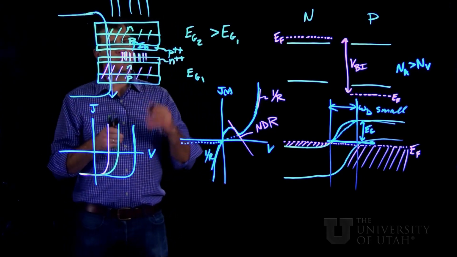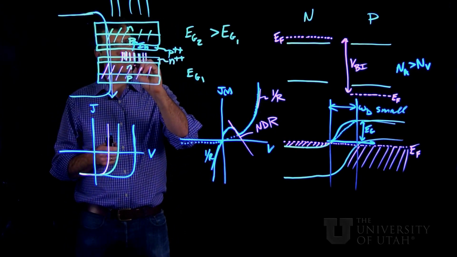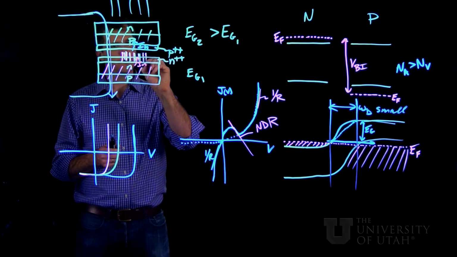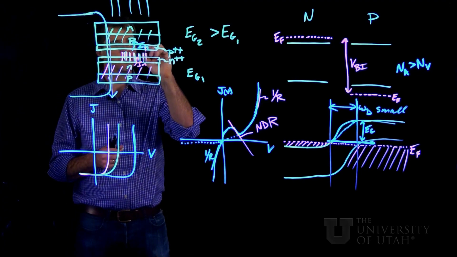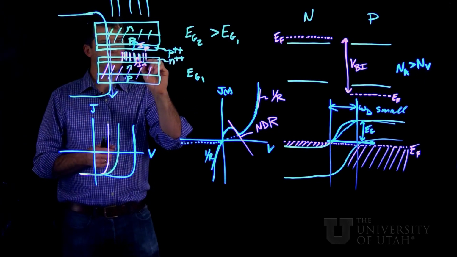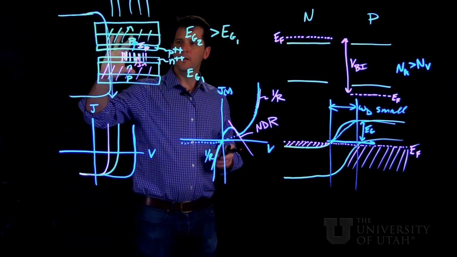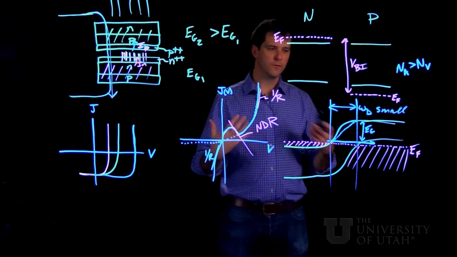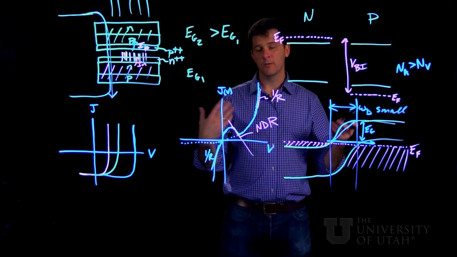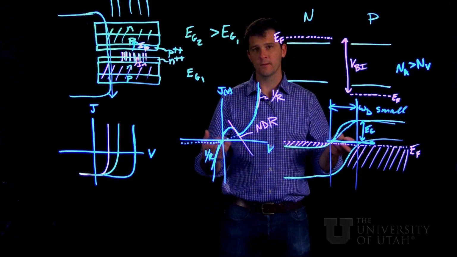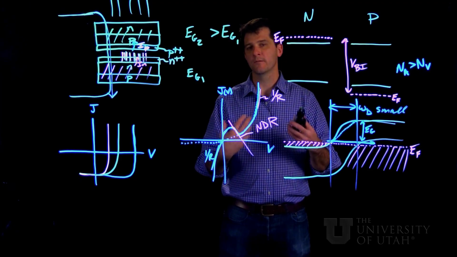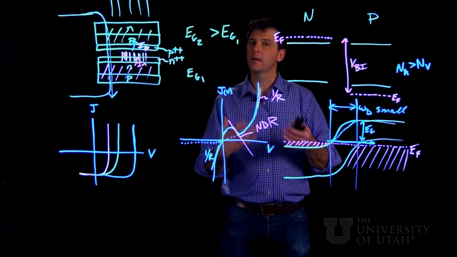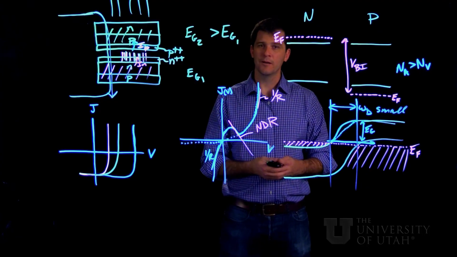And on this side, our current is being carried by electrons. And so the tunnel junction actually serves to convert an electron current into a hole current. And another way of thinking about a tunnel junction is that it's a very efficient device for causing recombination in a very small area.